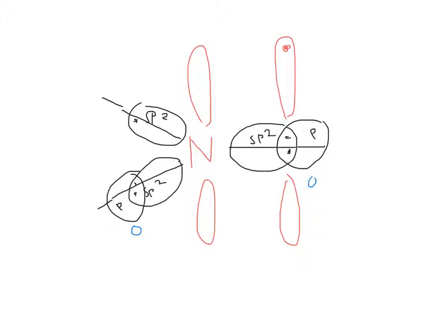We're going to show 1 electron each, and these are going to overlap to form our pi bonds.